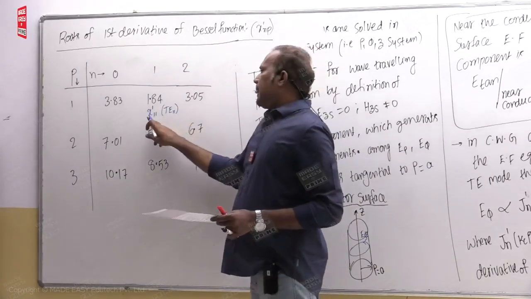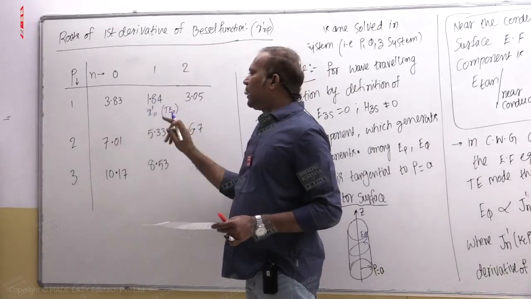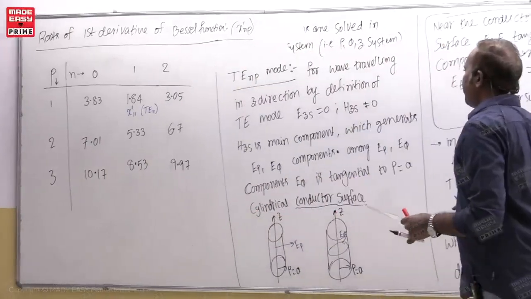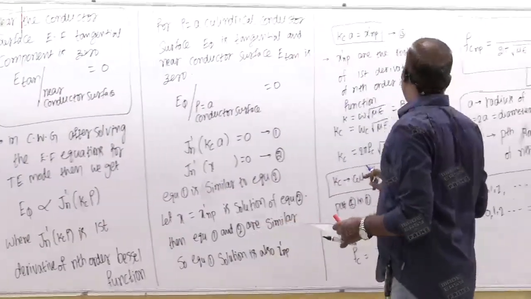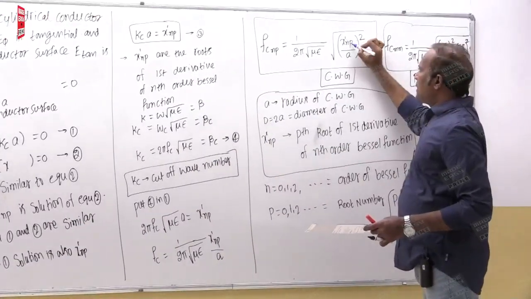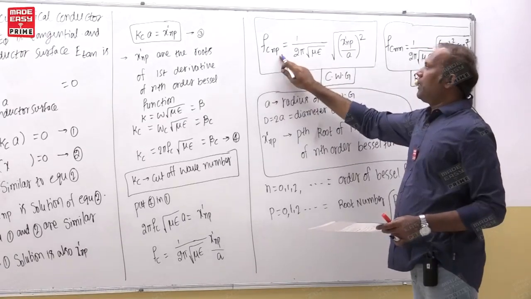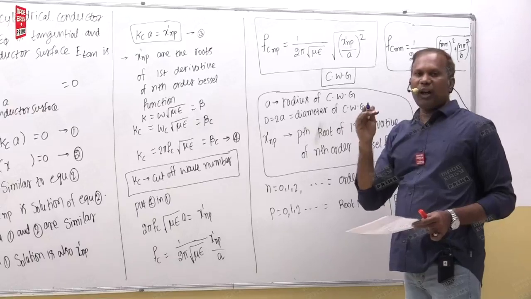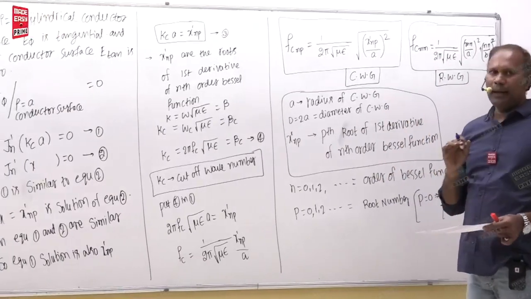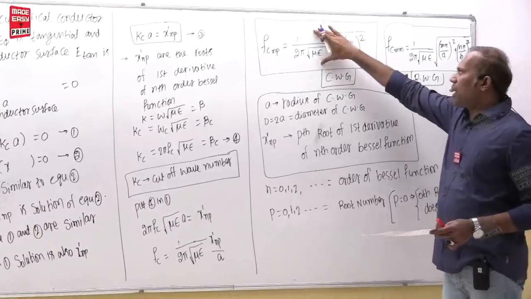So x dash 1 1 is equal to 1.84. That is the solution. Then you get fc11 for the TE11 mode. That is the dominant mode in the circular waveguide.